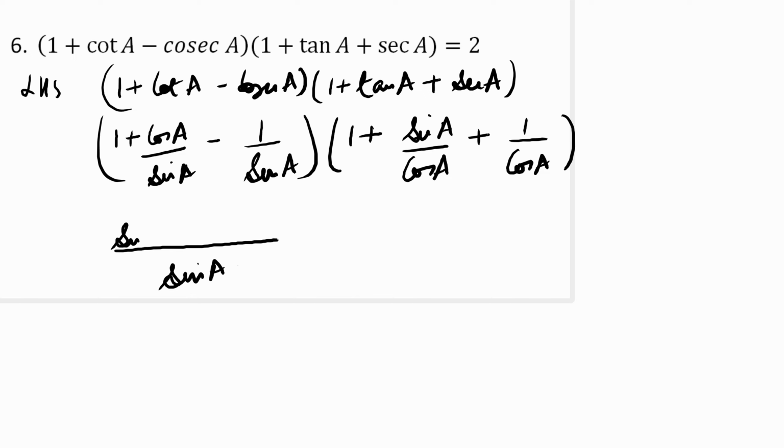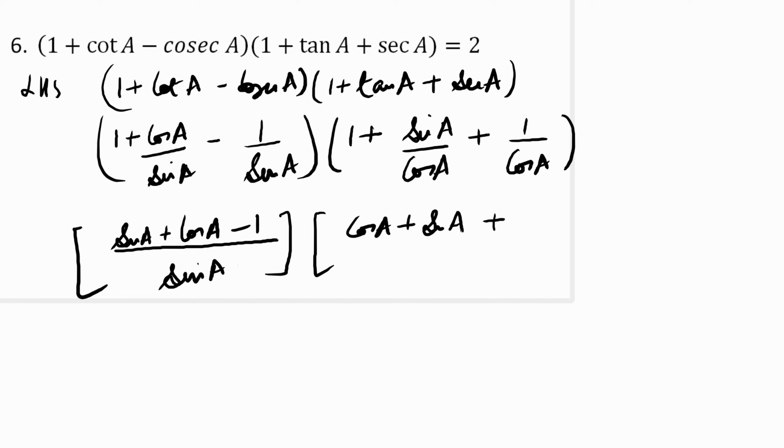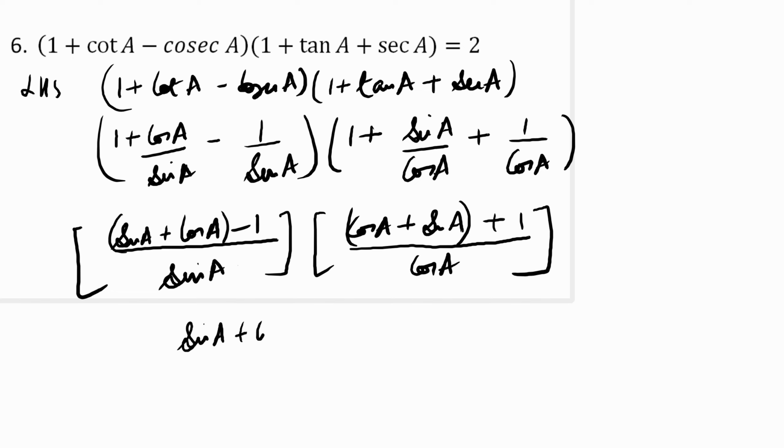This will become (sin A + cos A - 1)(cos A + sin A + 1) upon cos A. This will become A minus B, A plus B, so you will be using (A plus B)(A minus B), that is A square minus B square. (sin A + cos A) whole square minus 1 upon sin A cos A. Okay.